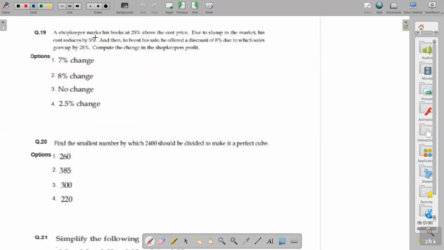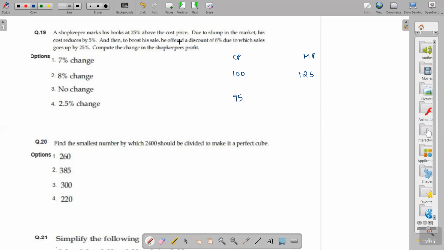A shopkeeper marks his goods at 25% above cost price. Okay. If the cost price is 100, then the mark price will be 125. He's marking up by 25%. Due to a slump, the cost reduces by 5%, so it becomes 95.